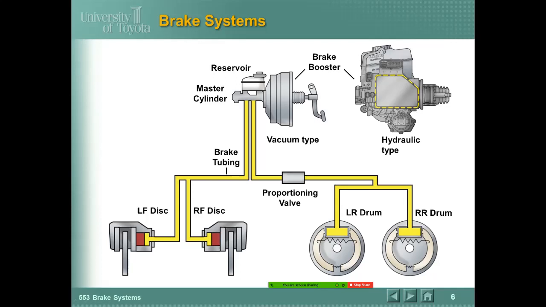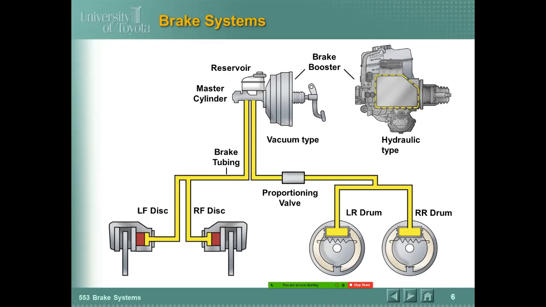We're also going to have a proportioning valve, and this is going to allow more brake pressure to act on the front disc brakes than in the rear, whether it be drum or disc. We want to limit the amount of brake pressure going to the rear because of weight transfer.